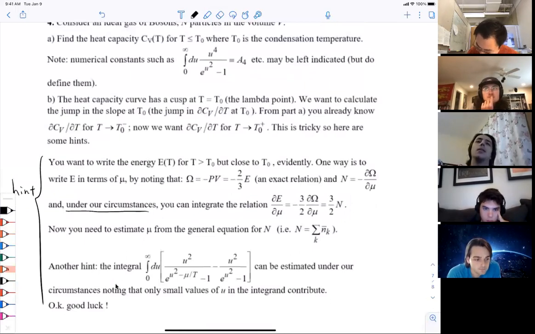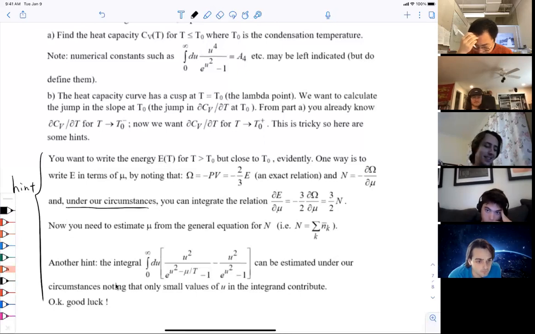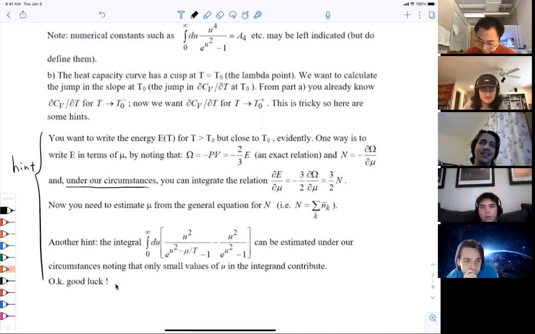Right here, the idea is basically you regard E as the energy as a function of the chemical potential, and then expand this function around the phase transition point.